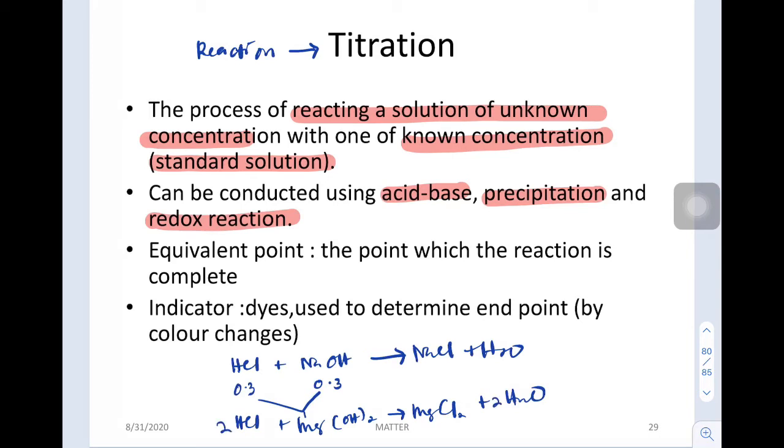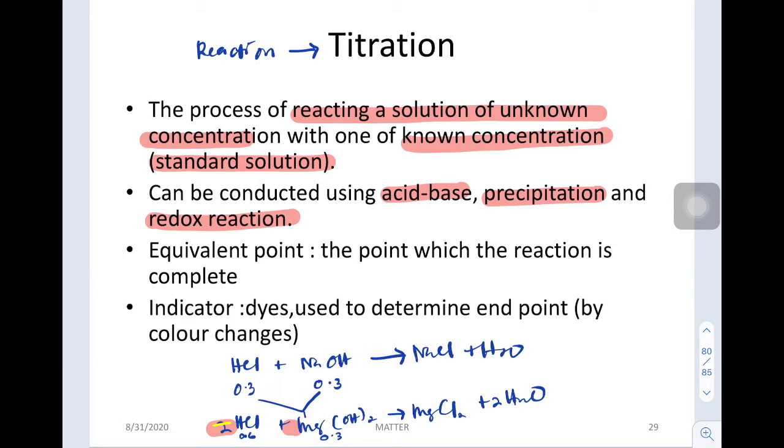If I have 0.6 mole of HCl, the equivalent point will be reached when 0.3 mole of the magnesium hydroxide has been added to the titration vessel. This is because their ratio is 2 to 1.